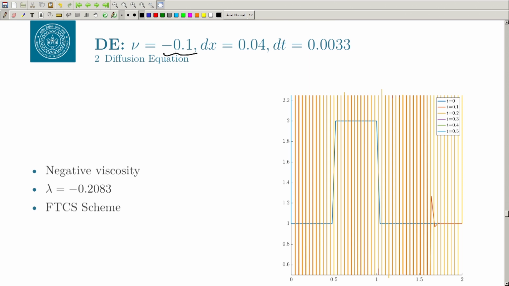Okay. So, that is why negative viscosity is not allowed. So, what you see is that lambda magnitude is still less than 0.5, but the solution blows up because your viscosity is negative. Okay. So, it amplifies the solutions very quickly and it is there everywhere.